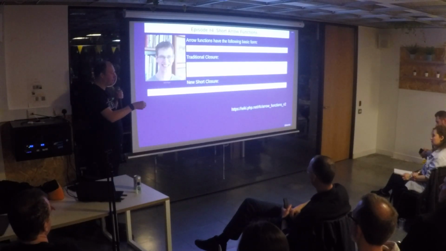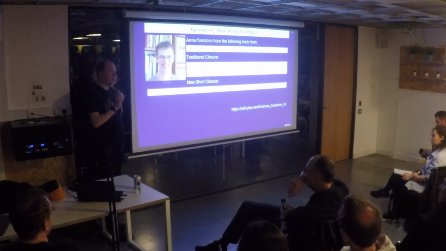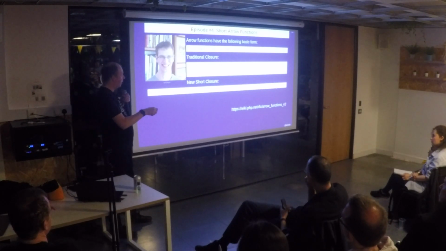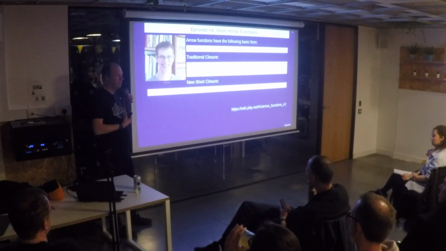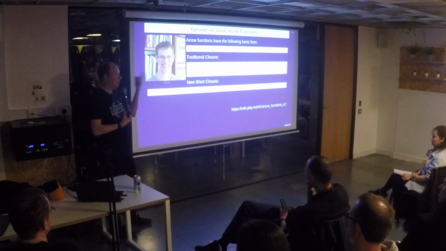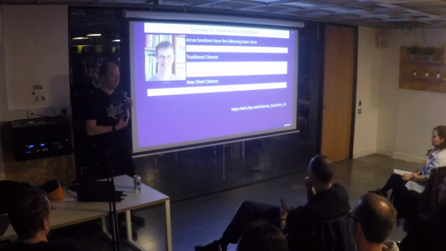You get the x, because that's the one that we pass in here. And then the arrow, and then the single expression x plus y. But I think the biggest benefit is that you don't have to use this use y anymore. Automatically, it will bind all the variables that are used inside this short arrow function to the outer scope.